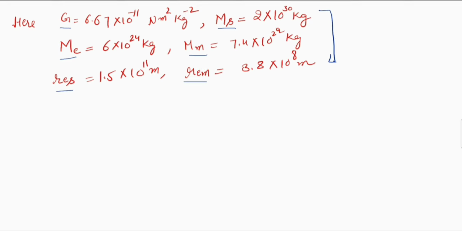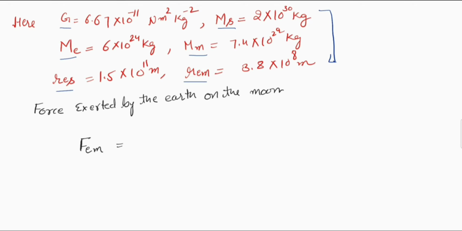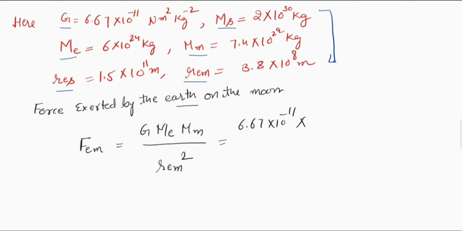First, let's find the force exerted by the earth on the moon, which is equal to FEM is equal to G, the mass of the earth, mass of the moon, divided by REM square. So here we'll put all the values. G is equal to 6.6 into 10 raised to power minus 11. Mass of the earth is equal to 6 into 10 raised to power 24.